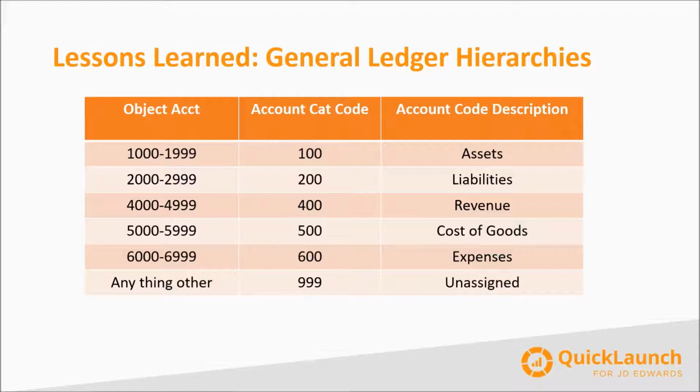But again, these codes could be defined by range, or they could be defined by actual individual cat codes on that account master. The value of doing it at the account master and the account cat codes is that an end user using JD Edwards can probably manage those cat codes themselves. If you need to make a change, you need to update something new, maybe create a new category.